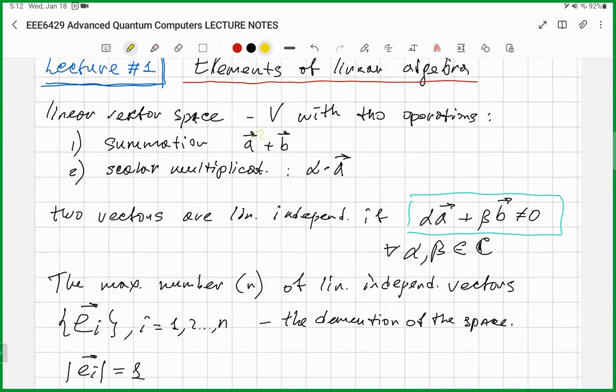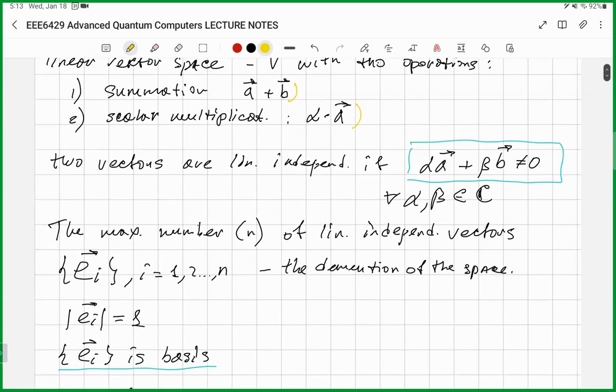For example, any vector A, any vector B here, and we say that we can sum up these vectors, two or many of them, and we can also multiply the vectors by some scalars. The scalar can be real valued or imaginary valued or complex in general.